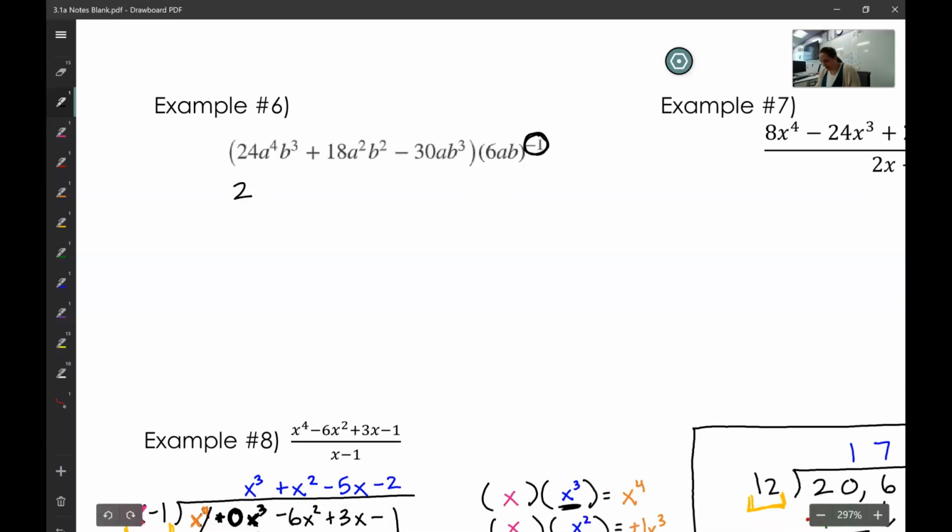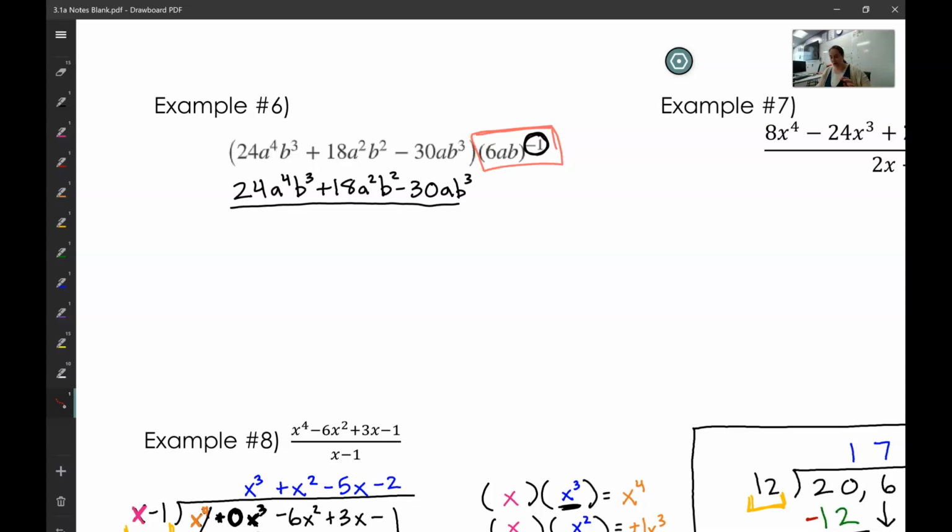Now, this whole problem hinges on the rule that if I have a negative exponent, I can take that whole thing with the negative exponent into the denominator of my fraction.